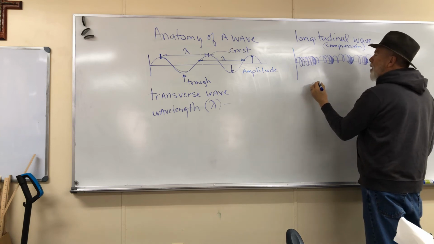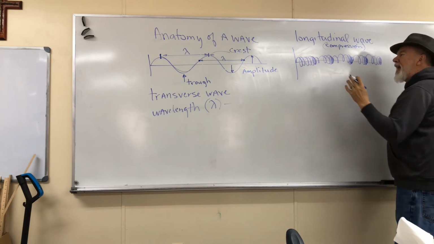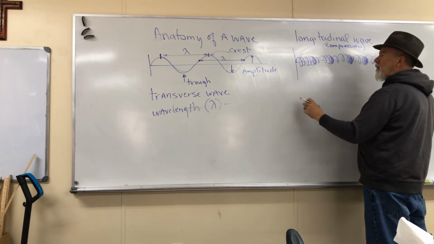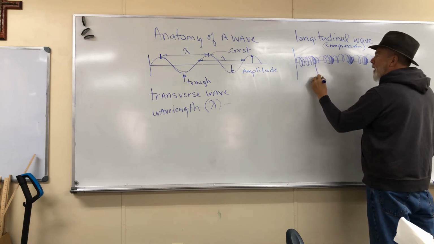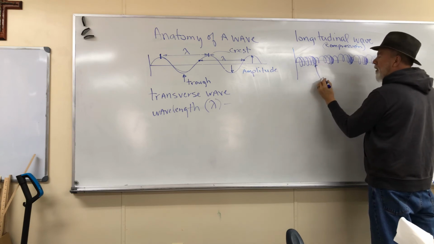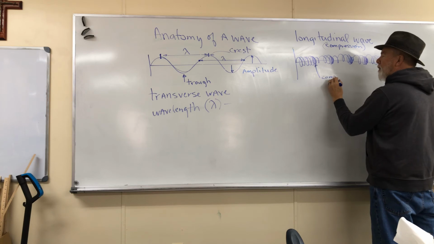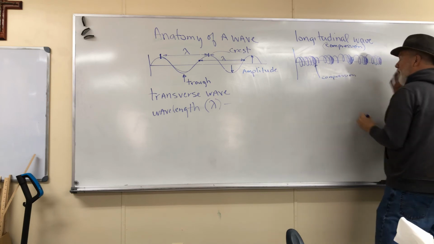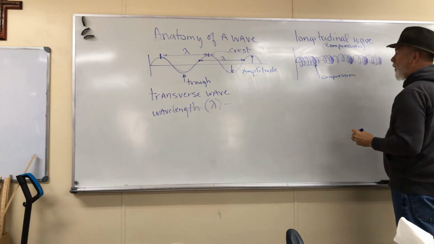And so there are names for the parts on this wave that are some of them different from over there. Right here, where the wave is smushed together, is called a compression. No secret, which is why it's called a compression wave.